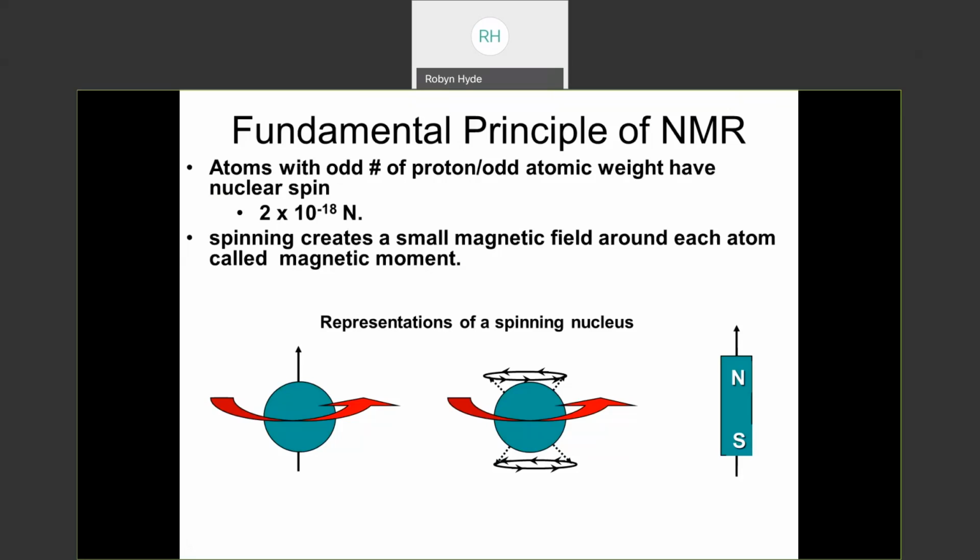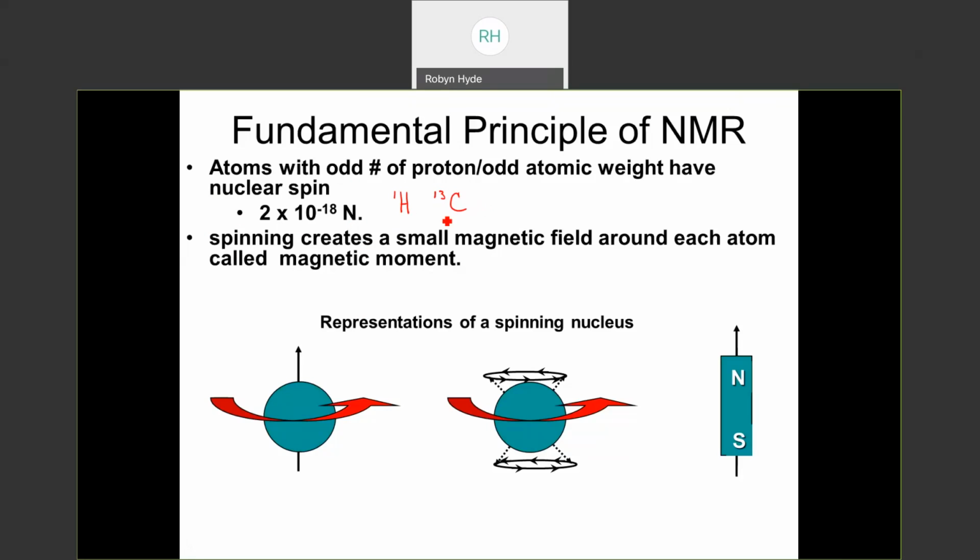Since we are in organic chemistry, the atoms that we care most about that have this property are protons, which in NMR we tend to write like this, 1H, and carbon-13s have the property, so we write it out as 13C. This is how we write out the atoms that we are most interested in.